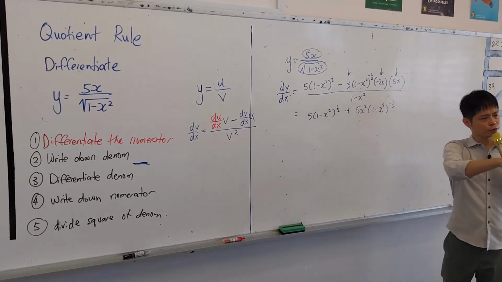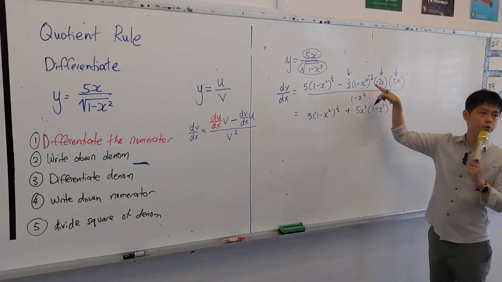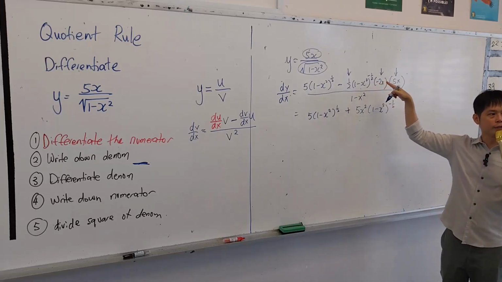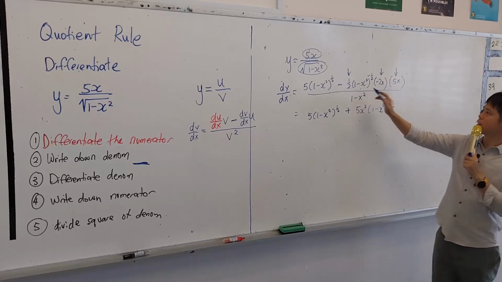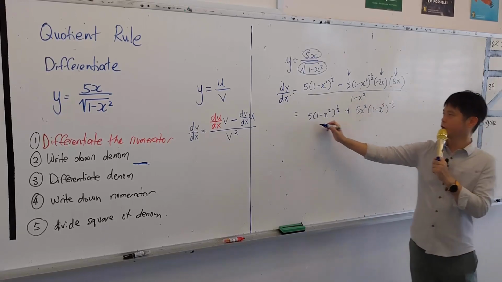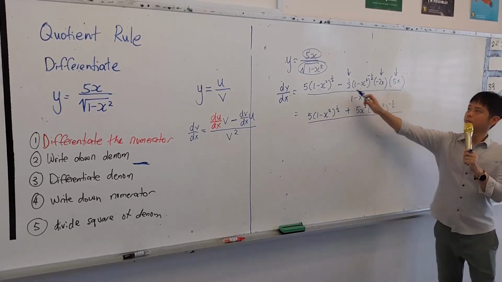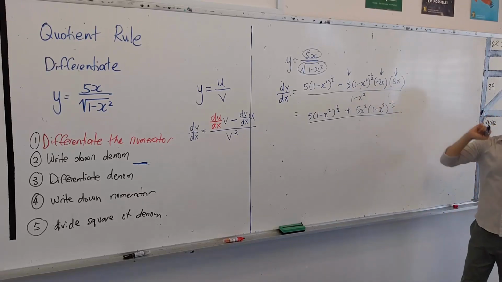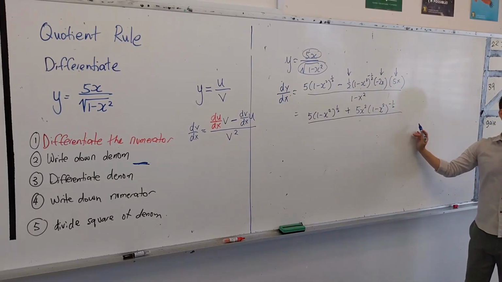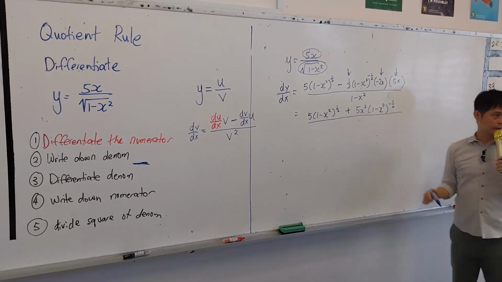When I saw you all do the work in class, you all started to simplify down here already, which means you take out the common factor down here. Don't do that. It's very complicated. There are so many terms here for you to take note of. So please put the negative half, negative 2x, and the 5x together to give you 5x squared.